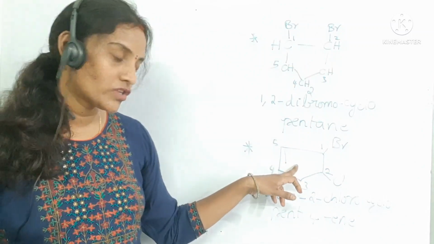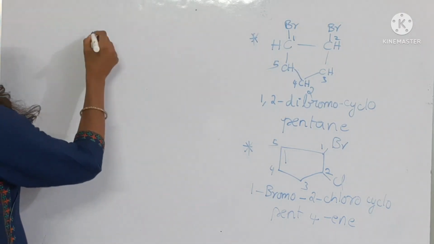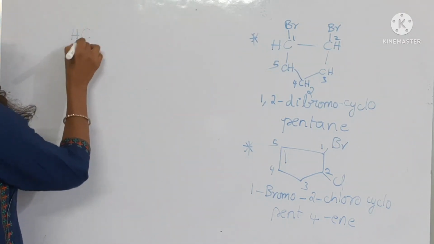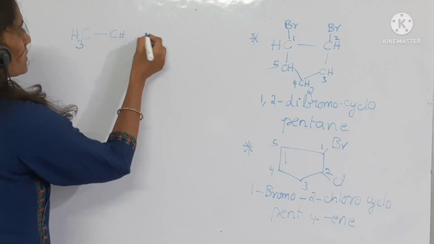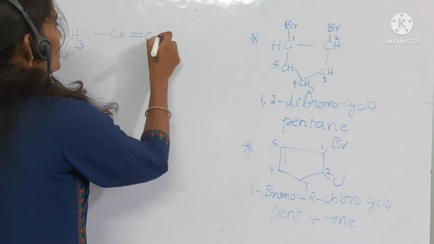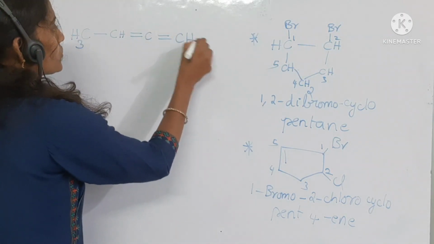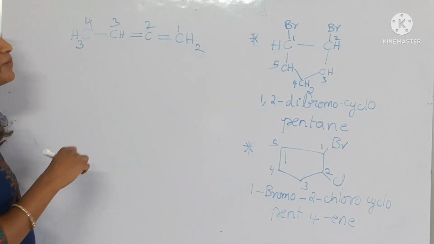If any unsaturation is there, here you can see, if the double bonds are together, how can you write? CH double bond CH, C double bond CH2, students, 1, 2, 3, 4.